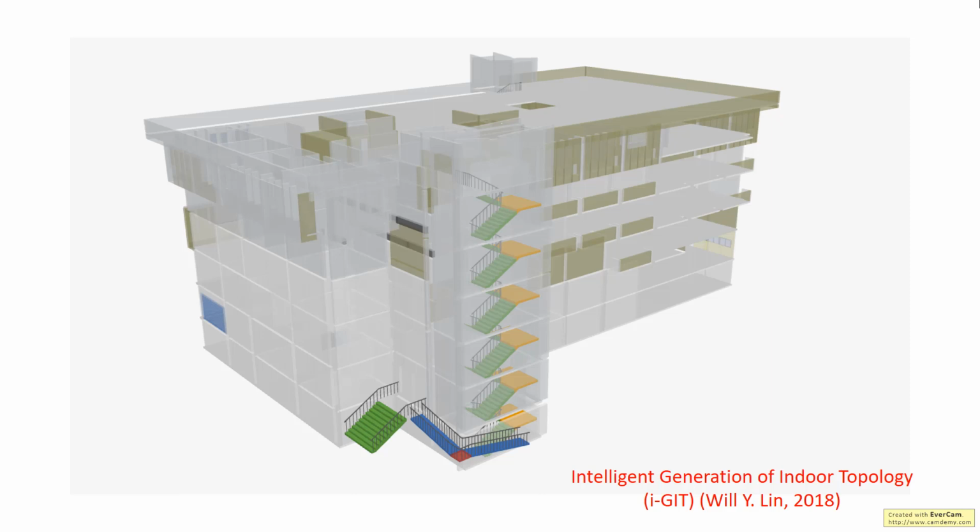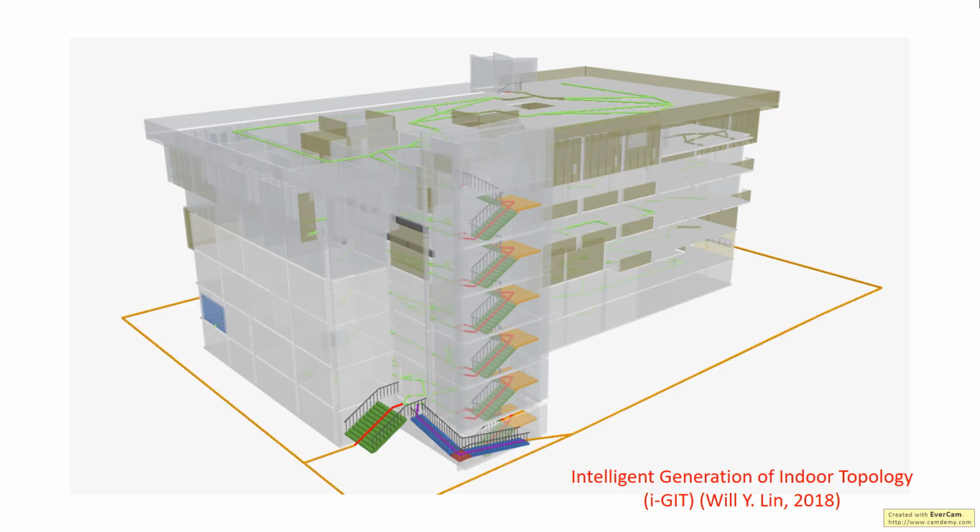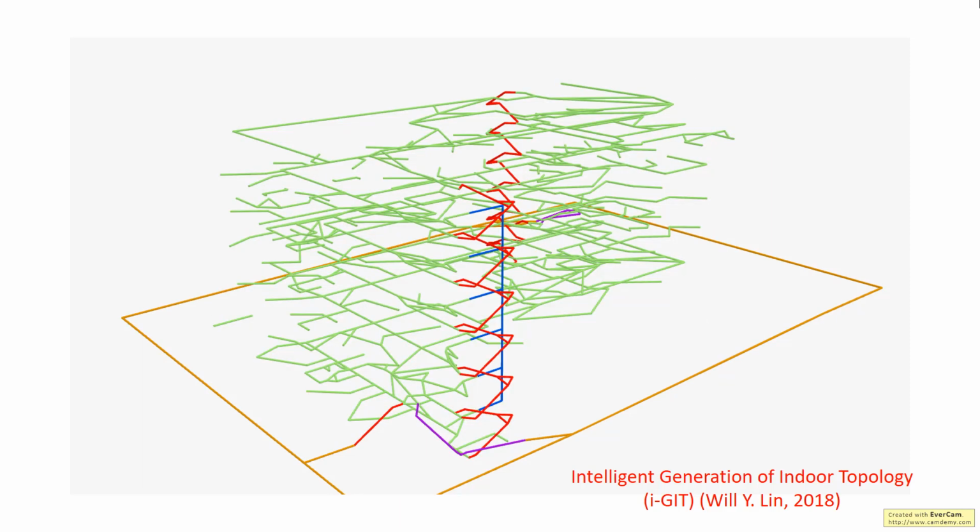When you're modeling a building, you create the structural components like columns, beams, slabs, and walls, etc. You don't really create indoor paths like this. If you want to create indoor paths manually, it's going to be time and energy consuming, and it's also very easy to make mistakes.